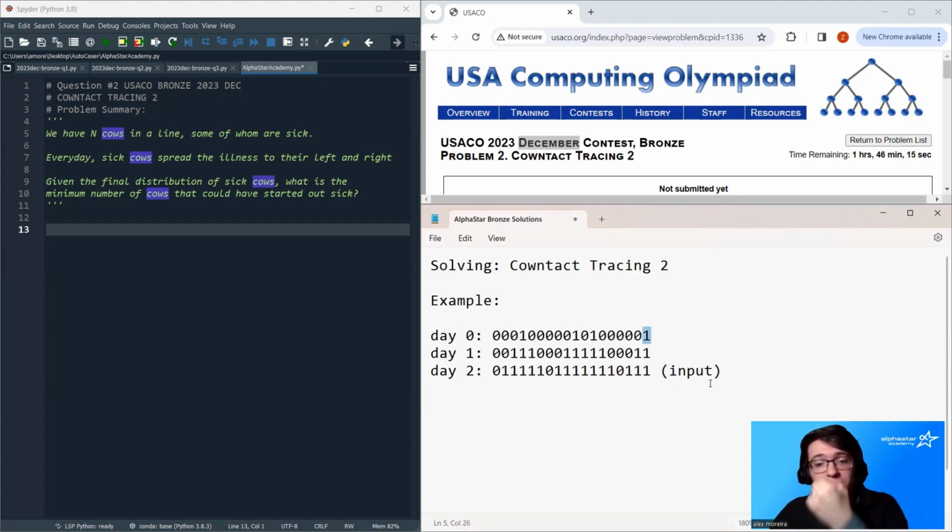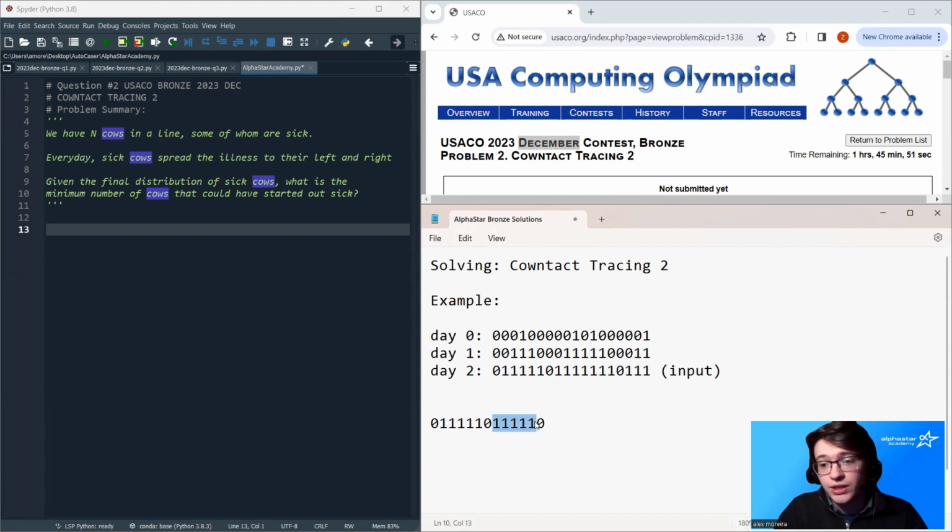And we can make some simple observations. The minimum number of cows that are going to be required to make a formation is at least the number of different intervals, right? Because say I have a situation where I have 2 intervals of sick cows. This is an interval of sick cows.